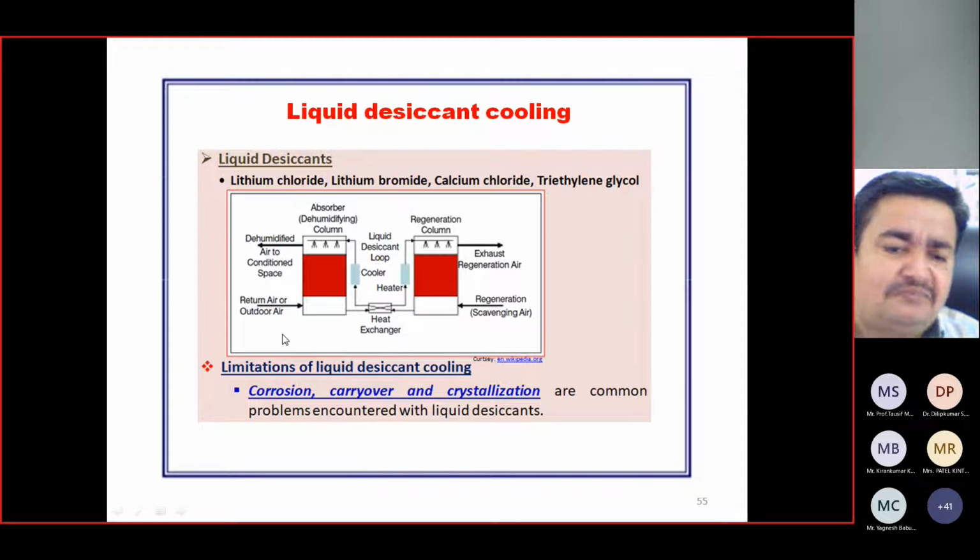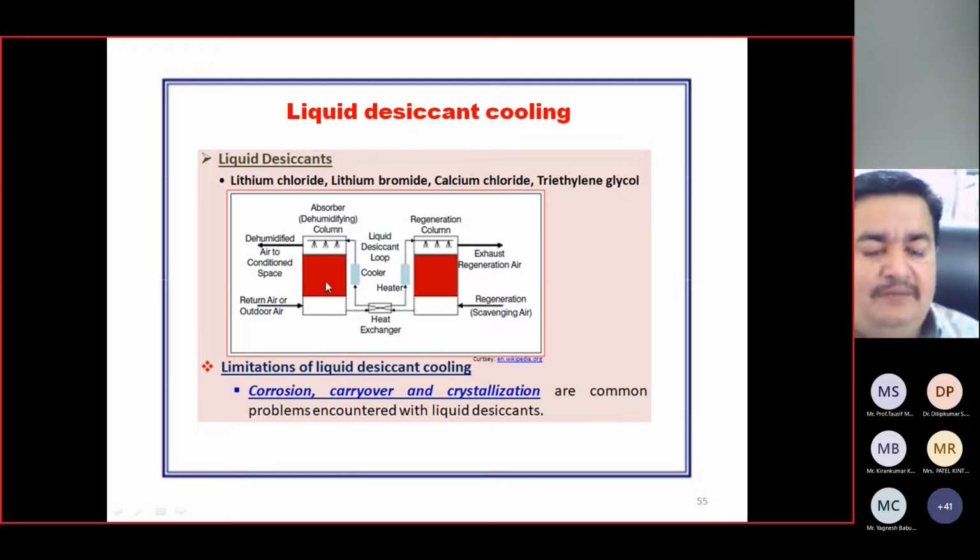First of all, the return room air or outside air, according to system configuration, is provided to the bottom of the absorber cooling tower. From the top, strong desiccant solution flows over that moist humid air, so that when this strong desiccant comes into contact with the humid air, it absorbs moisture from it.